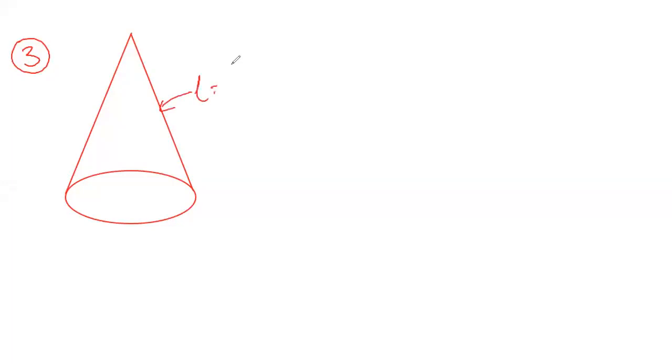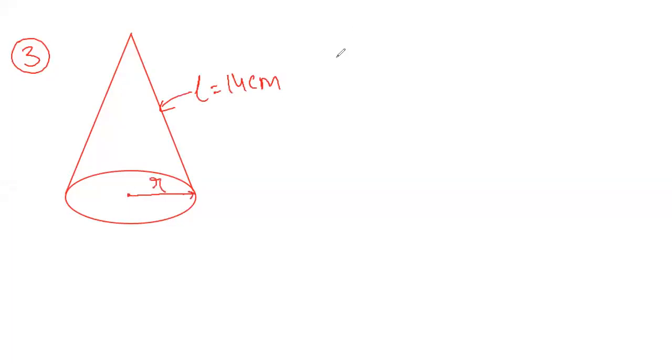When we draw the figure, we draw the figure of a cone, obviously. So here it is. Then we'll try to enter all the dimensions which are given to us by the question. So this is known as the slant height, and the slant height is 14 centimeter. Radius is not given to us.